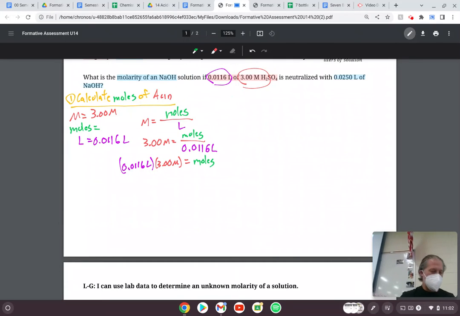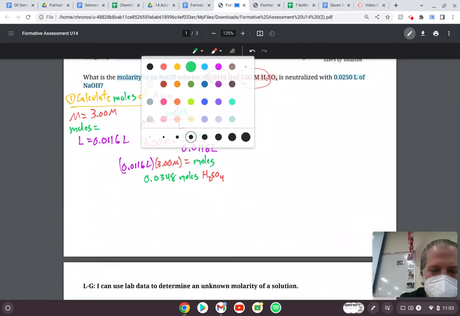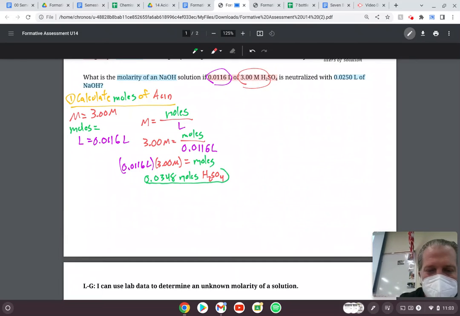When I calculate that out, 0.0116 times 3 gives me a value of 0.0348 moles of acid, which in this case is H2SO4. So that's our first step. Our first step is to calculate moles of acid, and we did that, and we got our answer right here.